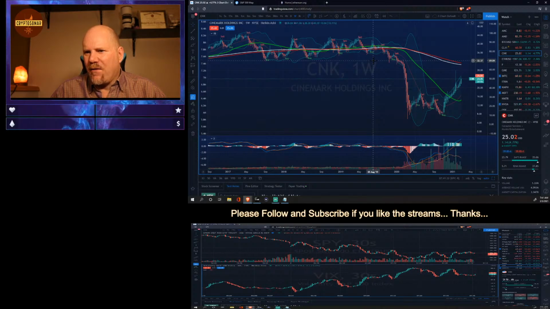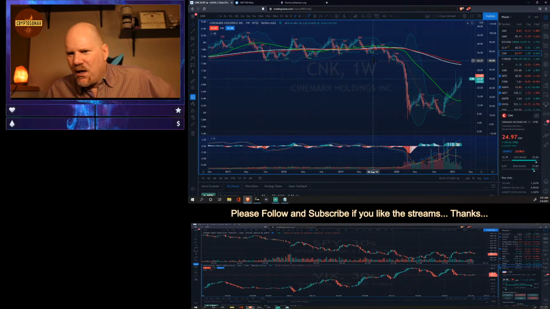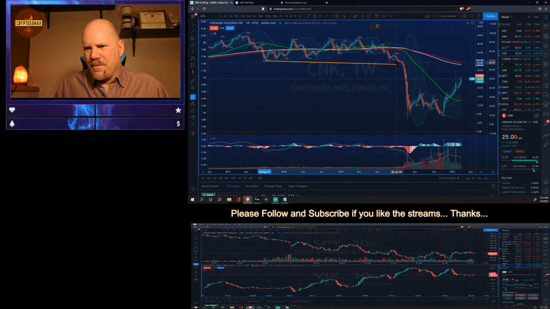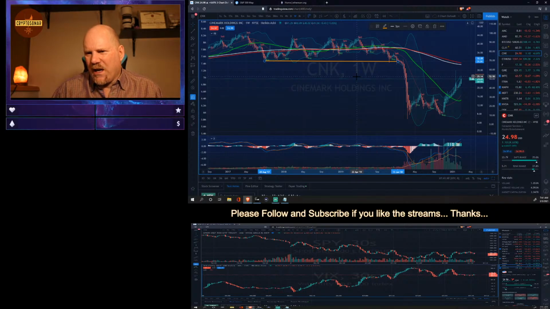So if the old level of support prior to COVID on something like Cinemark was at $32 according to this line here, okay, call it $32.20.